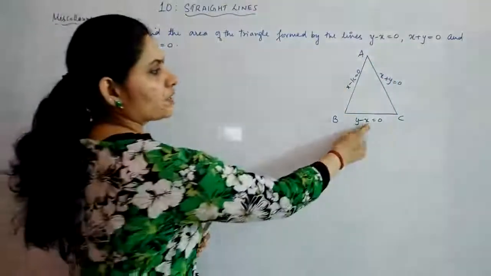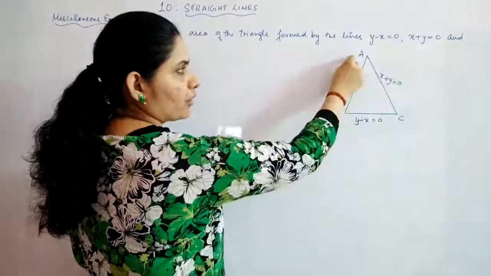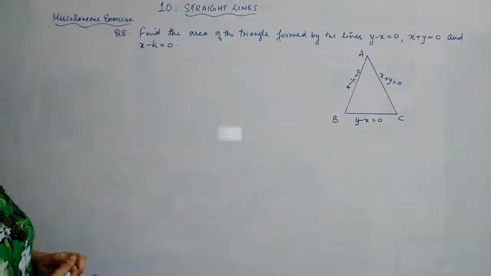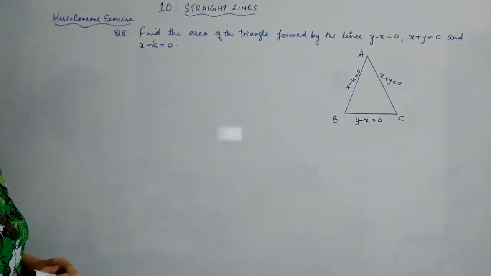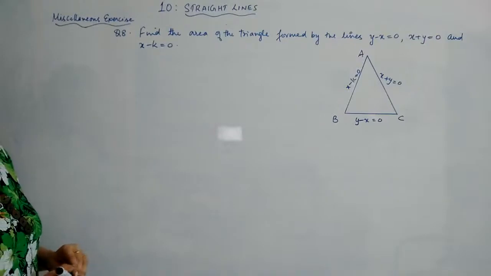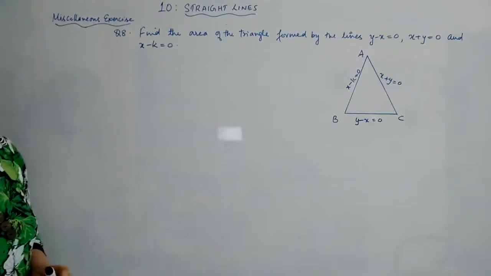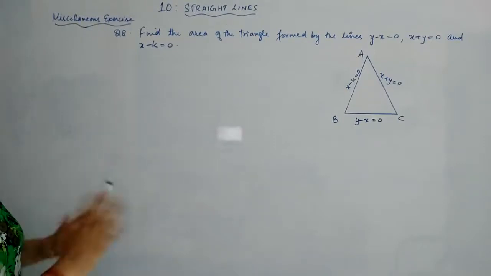That means solving these two will give you point C, solving these two equations will give you point A, and solving these two will give you point B, and you can just use the area of the triangle formula, which is half into mod of x1 into y2 minus y3 plus x2 into y3 minus y1 plus x3 into y1 minus y2. You can use that.